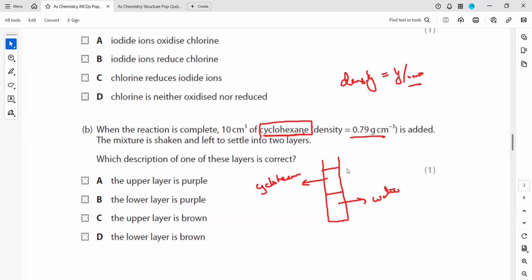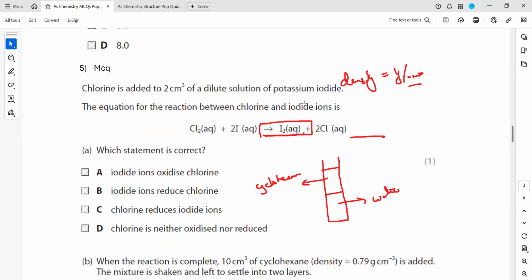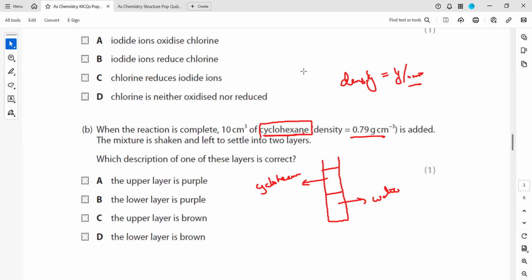Now, in the solution, as you can see, iodine I2 is formed. So you have to recall the color of iodine. What is the color of iodine in water or aqueous? Iodine has different colors, and you have to recall these colors.